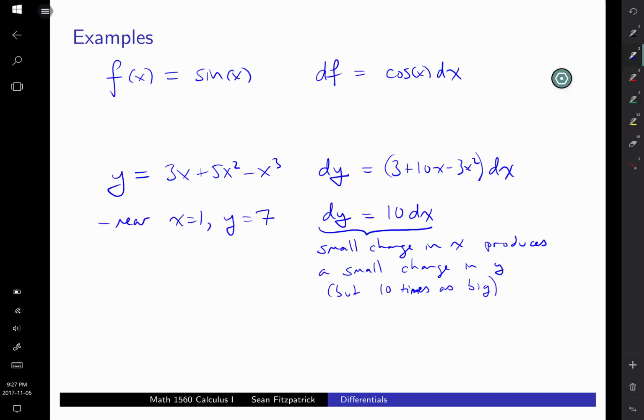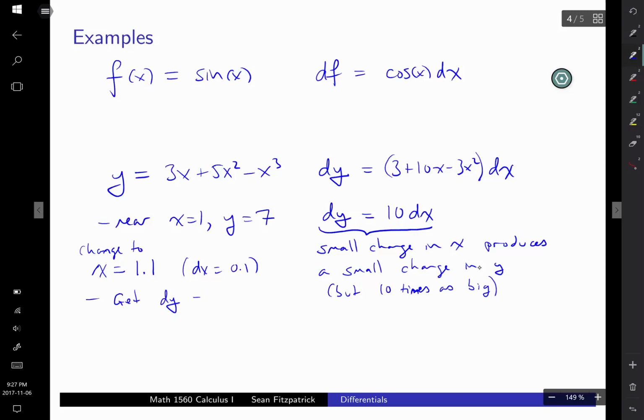And in fact, let's think about what would happen if we did that, right? So let's say we go to x equals 1.1, so dx is 0.1. So this is going to be our change, right? Then we get that dy is going to be 10 times 0.1, which is 1.